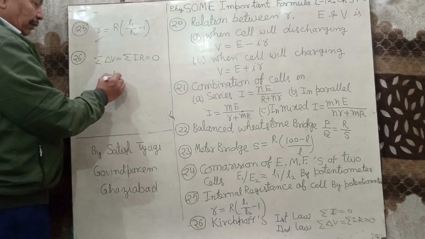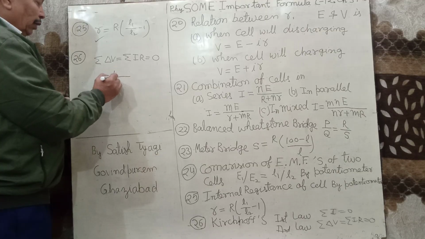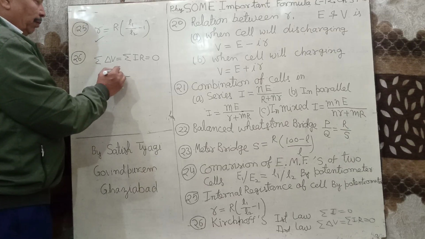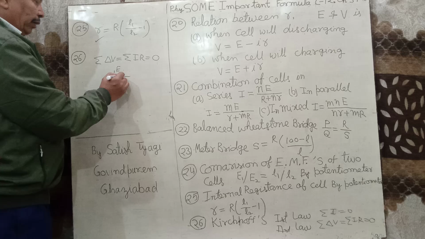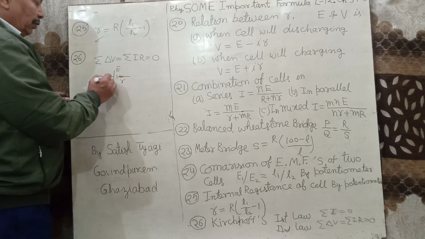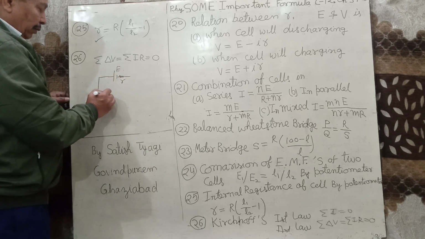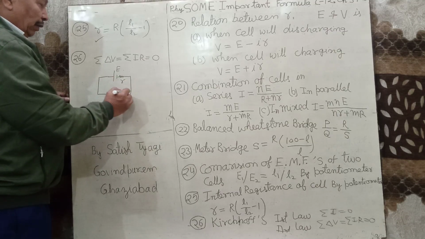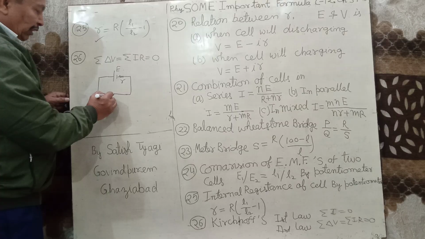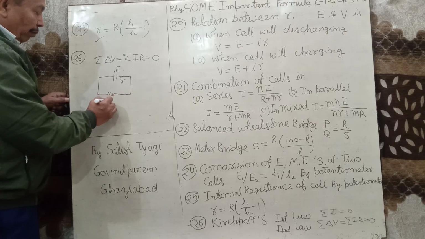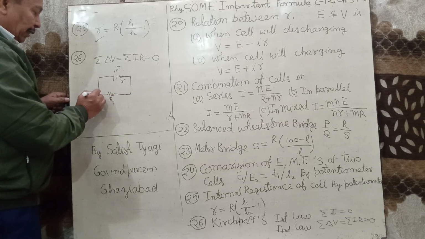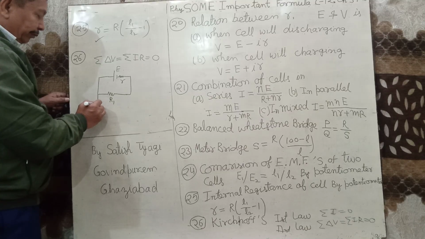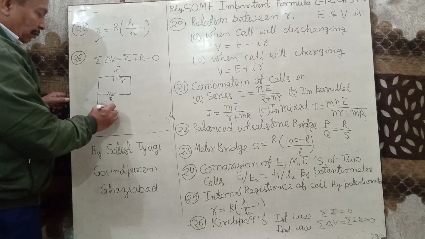Suppose this is a circuit, E is the EMF of the circuit and r is the internal resistance of the circuit, and this is the outgoing current. This is R1 and this is R2.